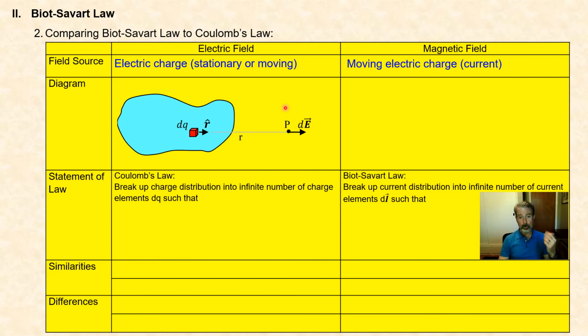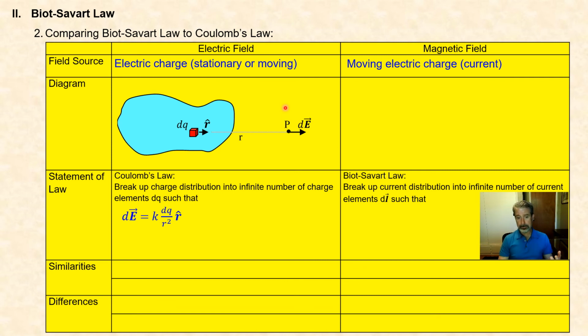Using Coulomb's law, we said that infinitesimal contribution to the electric field went like k times the charge dq, that infinitesimal charge, divided by r squared, times r hat, this unit vector that gave the field direction.